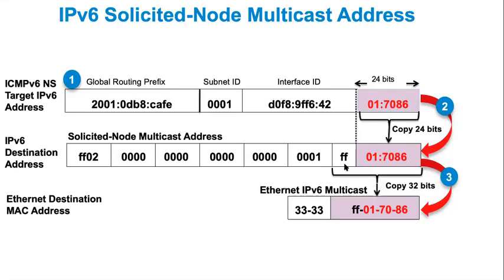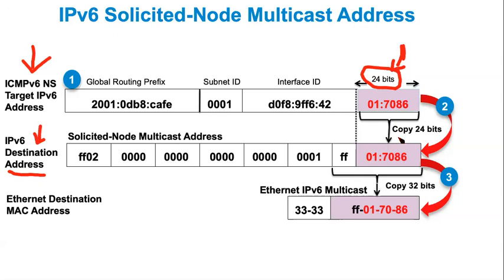ICMPv6 solicited node multicast. So this is where the mapping comes in. It allows us to filter at the NIC. If you take the IPv6 address you're looking for, this address right here, we take the last 24 bits of the interface ID and copy those to a solicited node multicast IPv6 address.